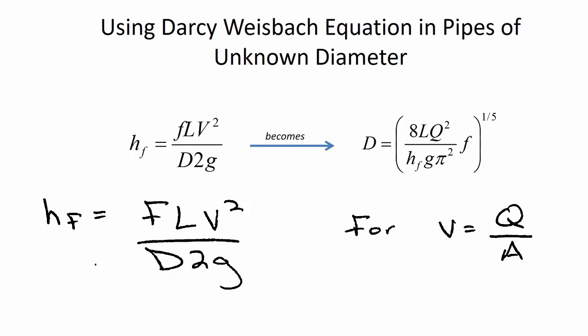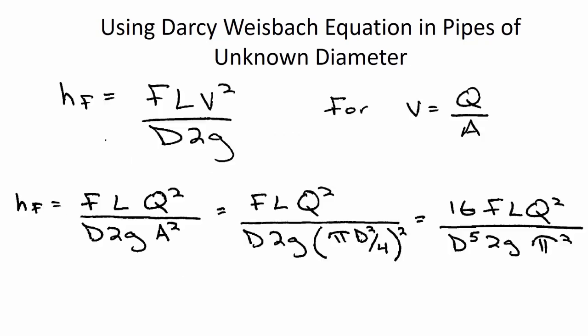Instead of writing V squared, we're going to have Q squared divided by A squared. The reason for that is we don't know what diameter the pipe's going to be, and so we don't know the velocity of the water flow. But we can express this in terms of the flow rate, Q, that's a known, and the area we can express in terms of D, the diameter.